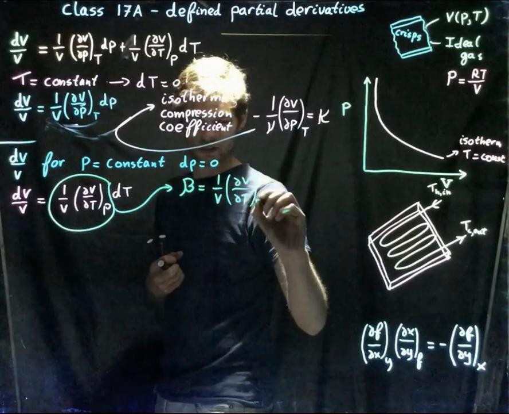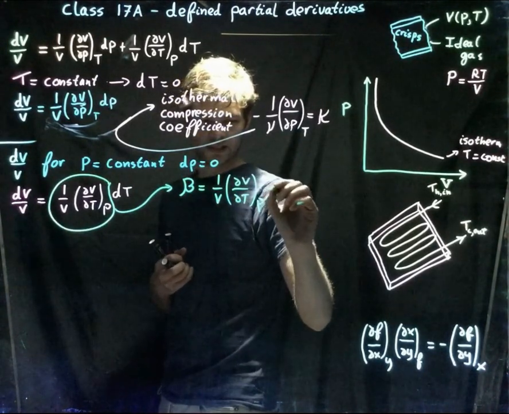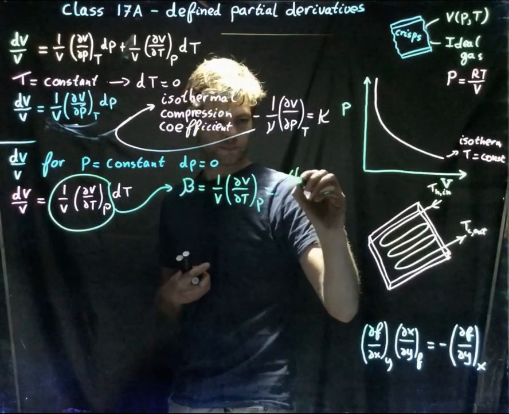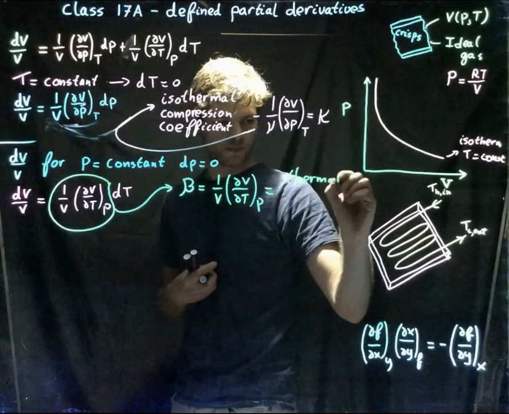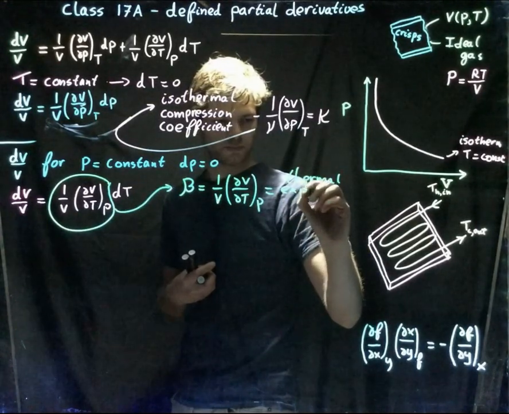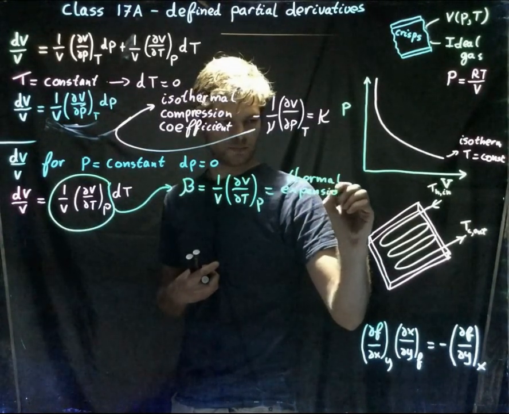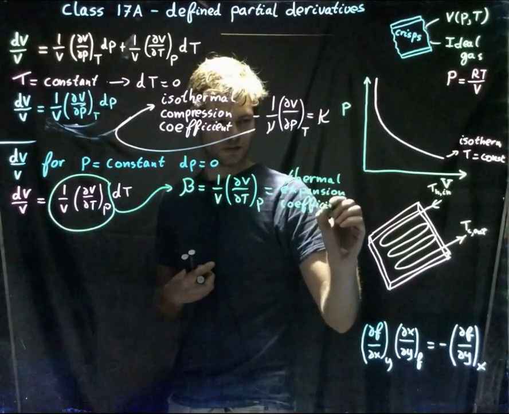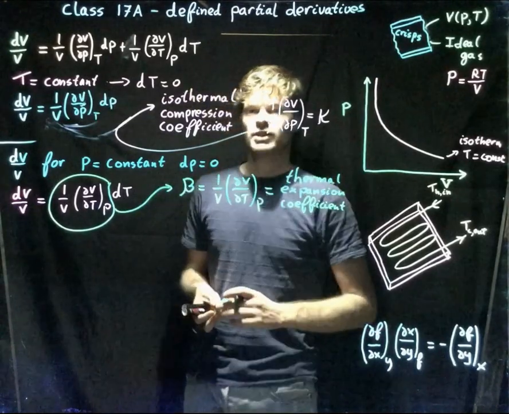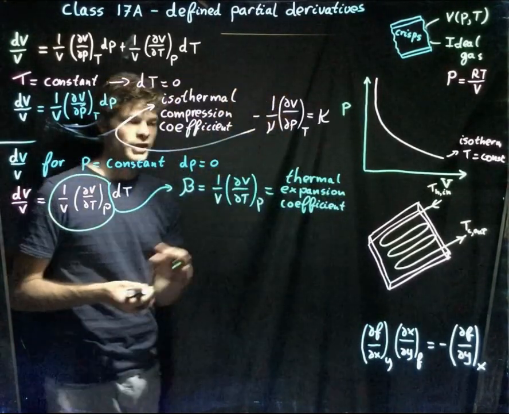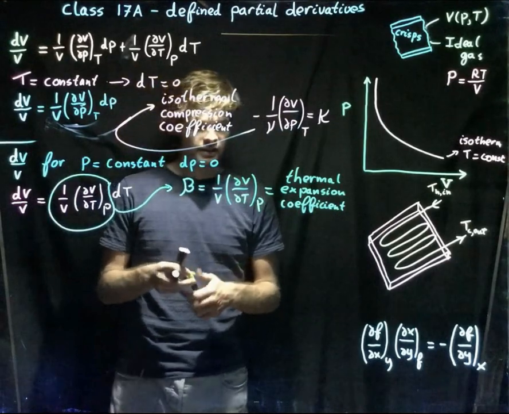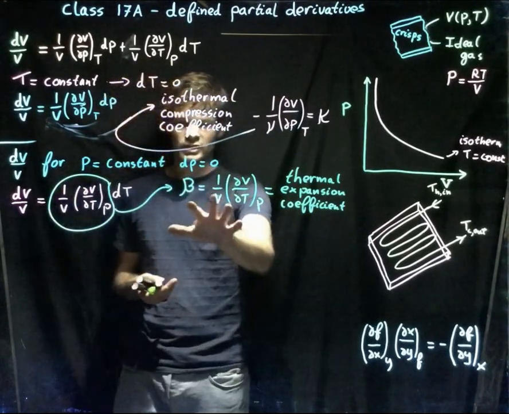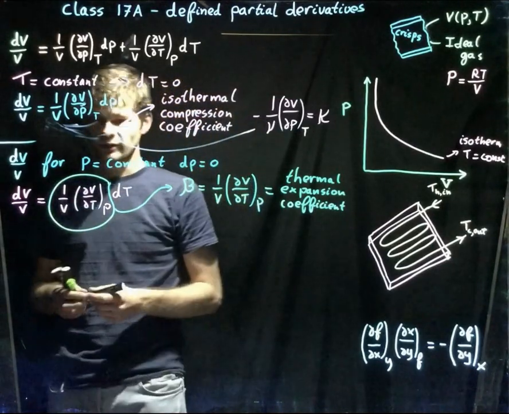It is the thermal expansion coefficient. So for constant pressure, the change due to thermal effects will be described using this defined partial derivative.